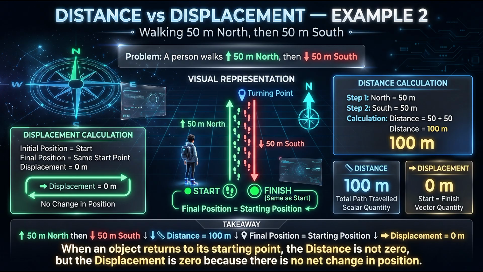The most important lesson from this example is that whenever an object returns to its starting point, the distance traveled is not 0 because the object has moved, but the displacement becomes 0 because there is no net change in position. Therefore, the final answers are distance equals 100 meters and displacement equals 0 meters.